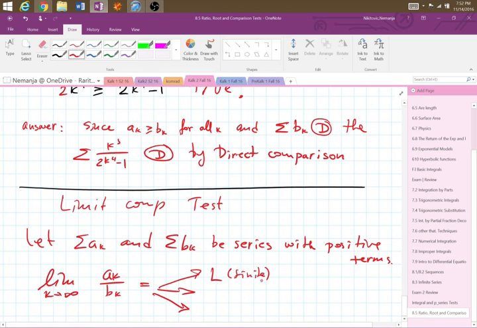So if the limit is finite, then both sums do the same. What this means is, if one sum converges, the other one converges. If one sum diverges, the other one diverges.